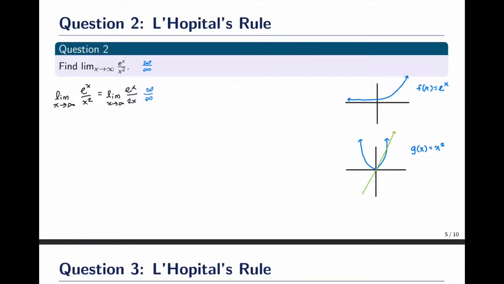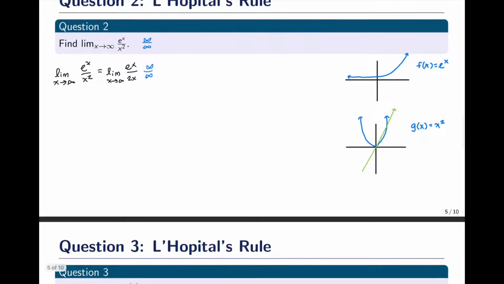That means I can apply L'Hopital's rule one more time, and hopefully when I do that, I get something that I can then solve. So let's apply L'Hopital's rule one more time. I need to differentiate the numerator. Again, that's going to give me e to the x, and differentiating 2x gives me a 2.